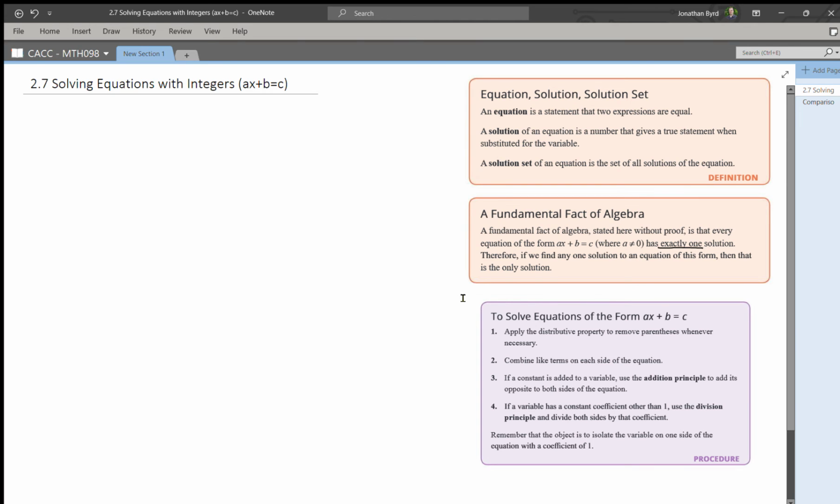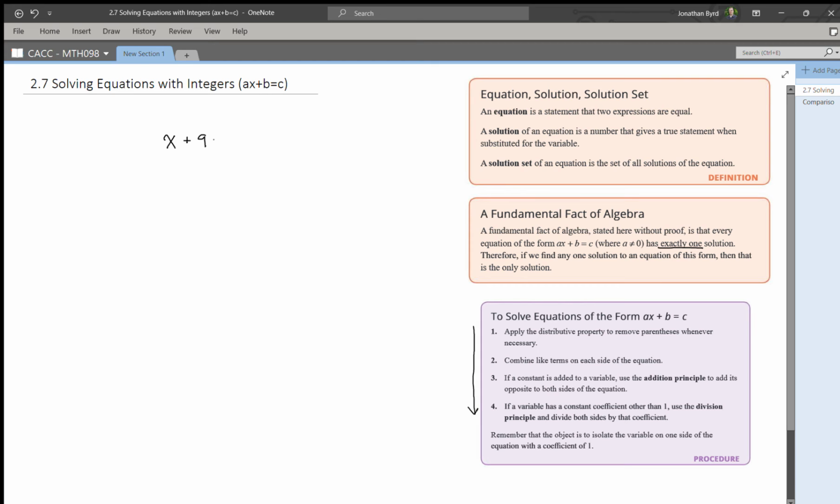And then the last bit here is we're given a set of steps that we can follow top to bottom that will get us to a solution regardless of the situation. So we can apply these rules 1, 2, 3, 4 to an equation sort of analogous to the way that we work with order of operations.